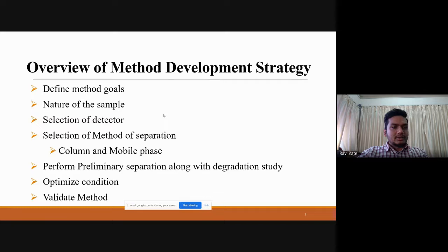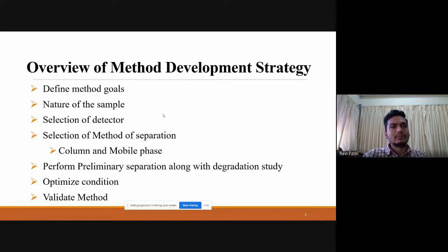After that, we should focus on the nature of our sample. If I want to develop a method for a particular compound, there is a list of information I need before starting the method development, like the nature of the compound, whether it is acidic or basic in nature.